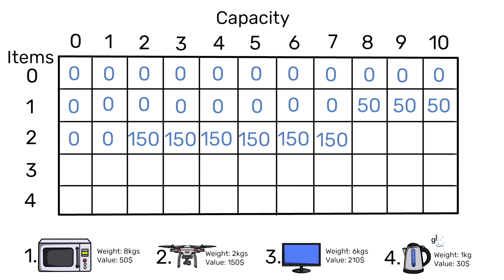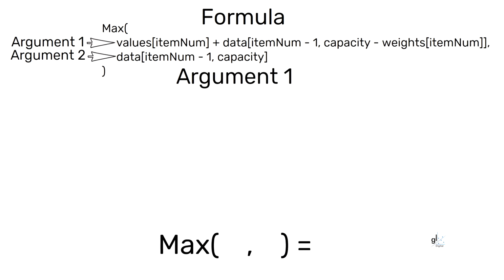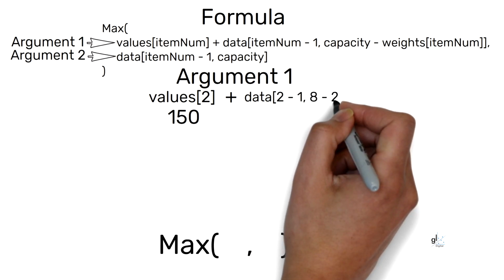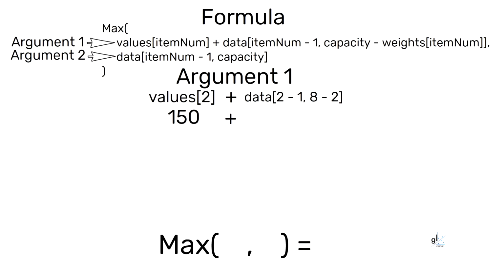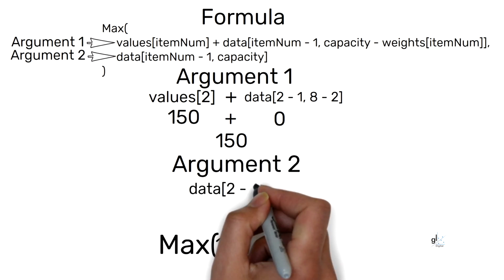So when the capacity is 8, the first argument passed into the max method is the value of the drone, 150, plus 0 found at this position in the data array. The second argument passed into the max method is the value of the microwave, 50.